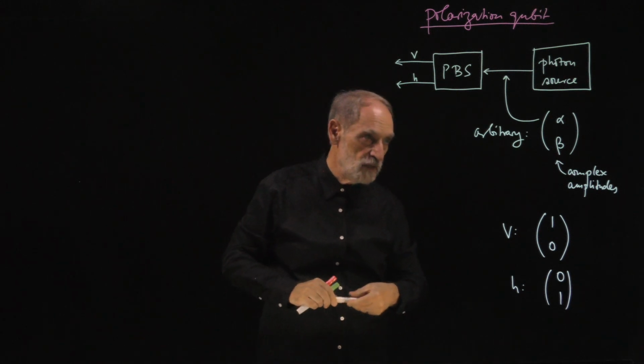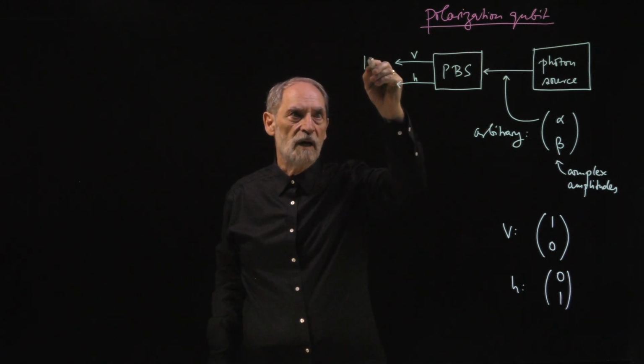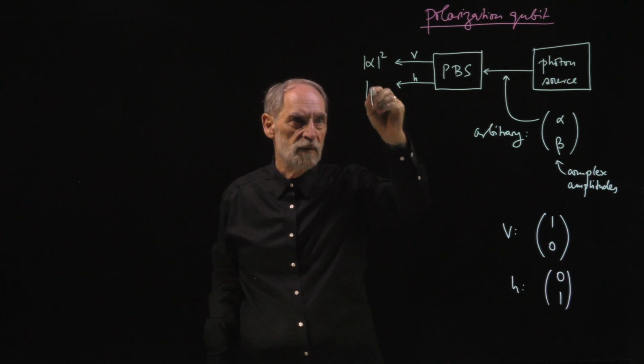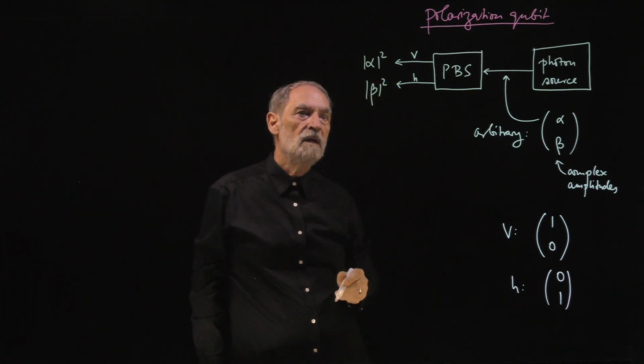These probabilities are proportional to the absolute value of these complex amplitudes, alpha squared and beta squared.